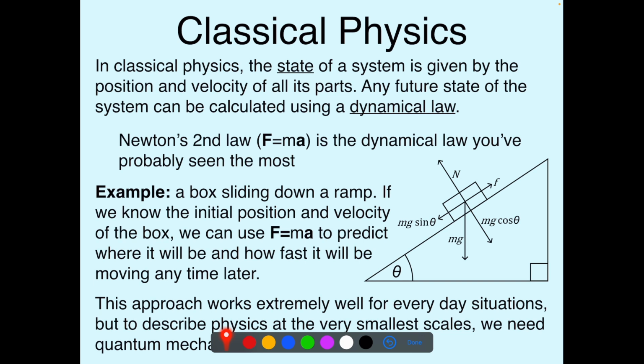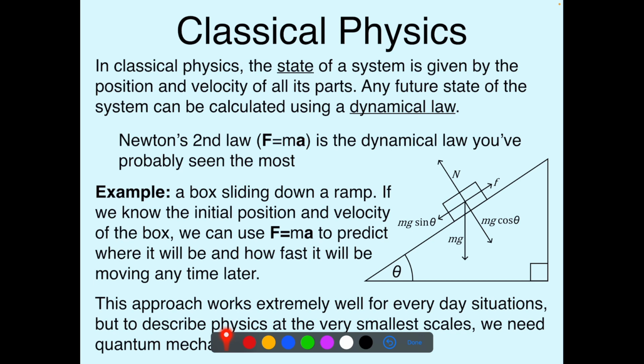Then what you can do is predict how that system is going to behave at a future time using something called a dynamical law. Okay, so we know the state of the system at one moment, we predict the future state of the system using a dynamical law. So the dynamical law you're probably most familiar with at this point is Newton's second law.